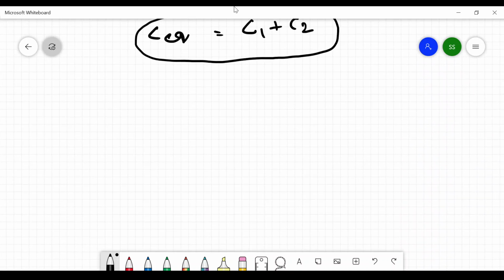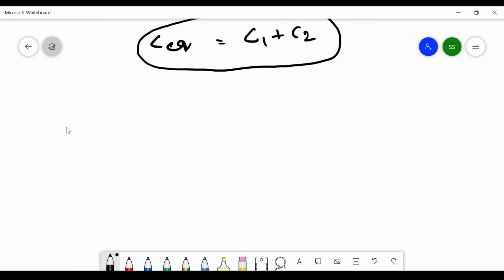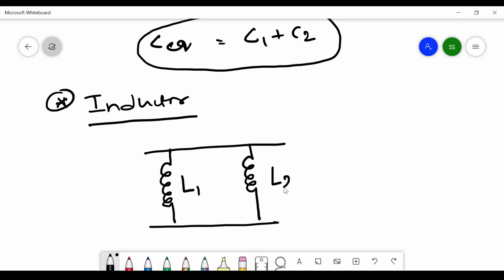Now the next element which we will be discussing is the inductor. We will be discussing inductors in parallel. Let's draw the same: two parallel lines are there, L1, and here it is L2, and the voltage across the two parallelly connected inductors is V, and the current here is I1, and here the current is I2.